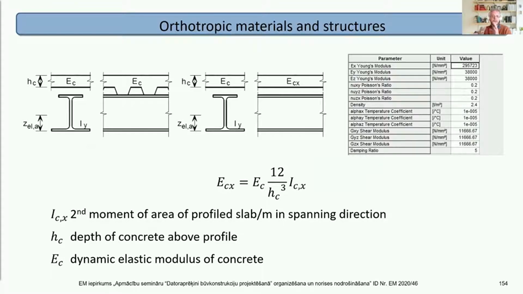We want to know how the stiffness improves along the beam and in the slab band across between the beams. We can use this approach for calculating the two effective Young's moduli for the orthotropic material of the concrete. And you see it's essentially the same as we looked at for the rib slab. Slightly different calculation, but the end effect is the same.